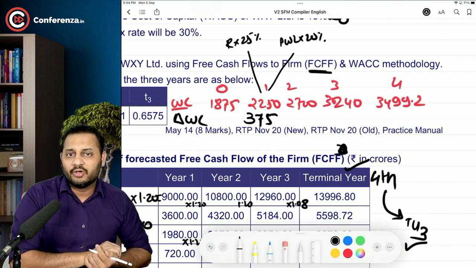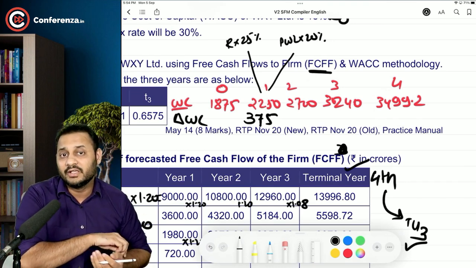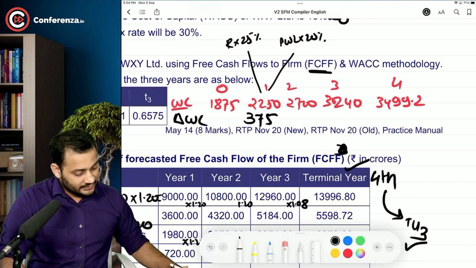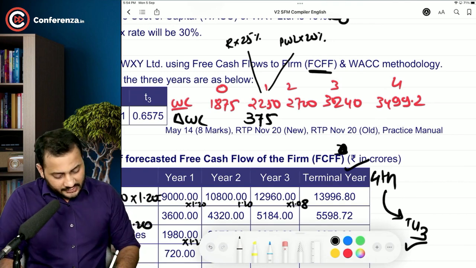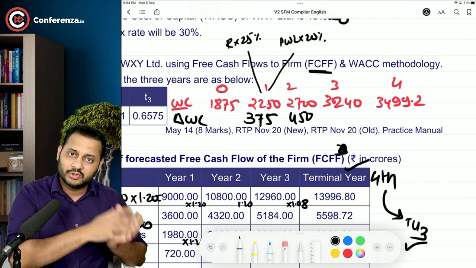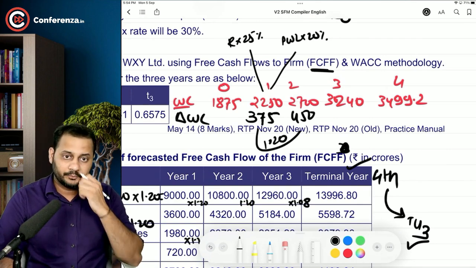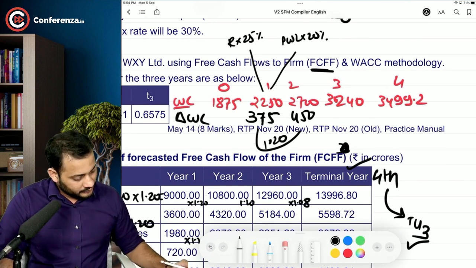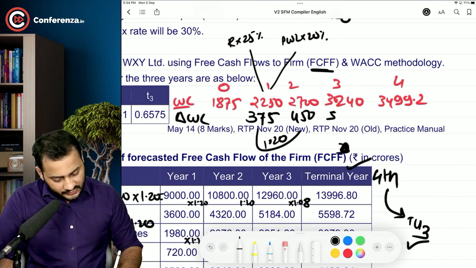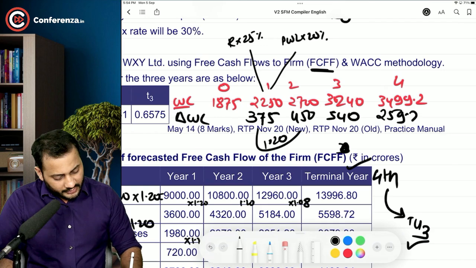From this point onwards, you can calculate the difference, or you can add 20% to that. Both will give you the same answer. 2700 minus 2250 is 450, or 375 plus 20% is also going to give you 450. Then 450 into 1.20 is 540, and 3499.2 minus 3240 is 259.2.